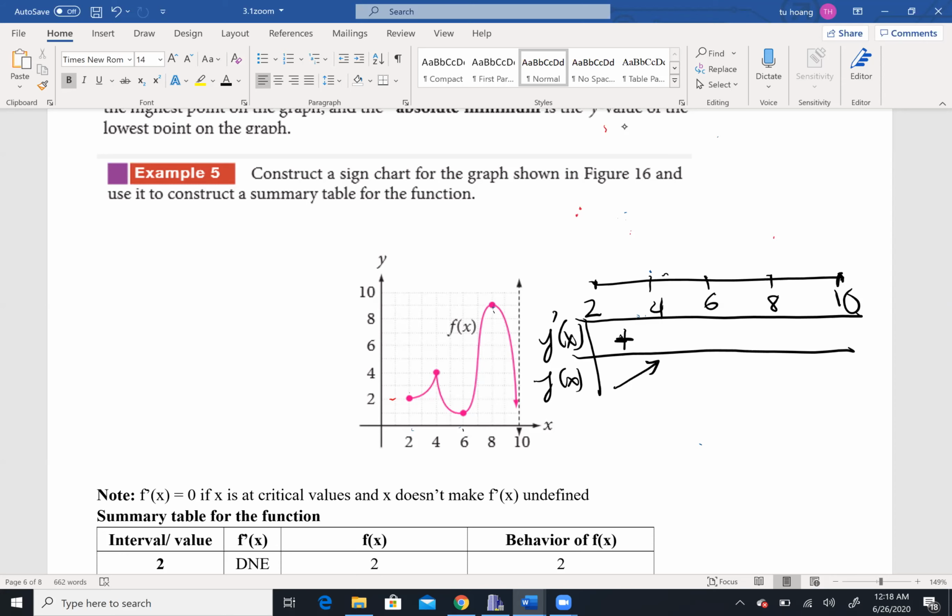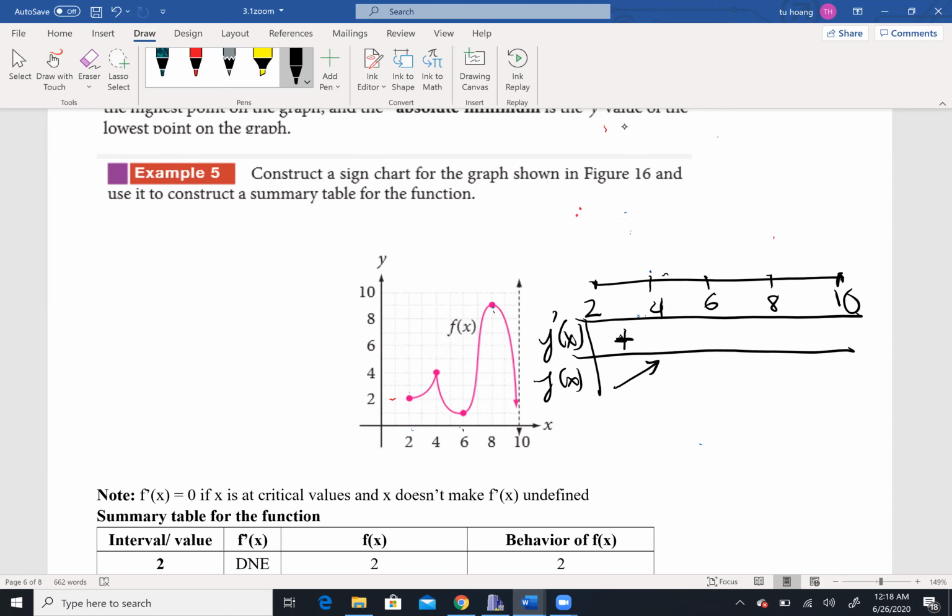I'm going to change the color to make it nicer for this case. And after x equals 4, the graph is going down. Seeing that f of x is going down, that means decreasing, so f of x is going to be negative.